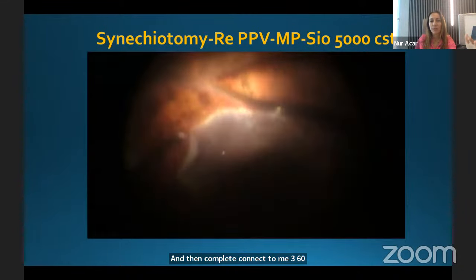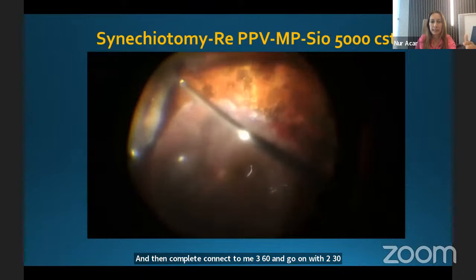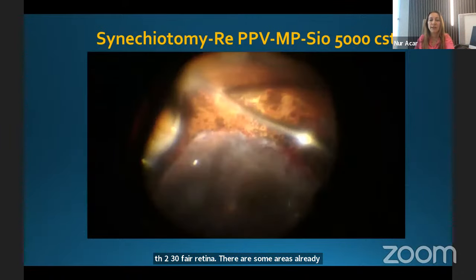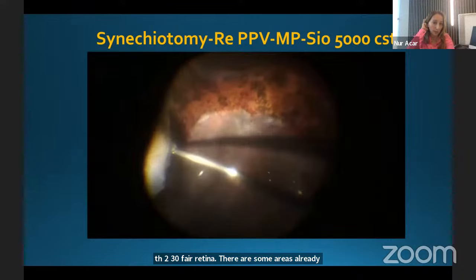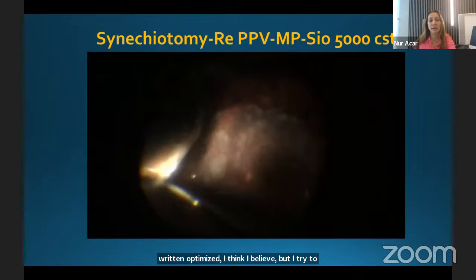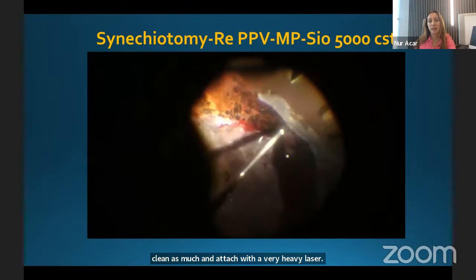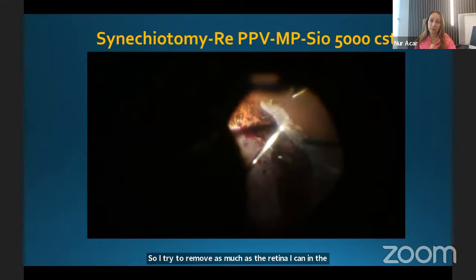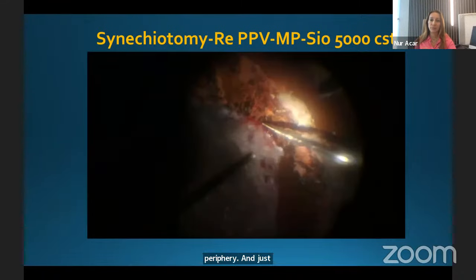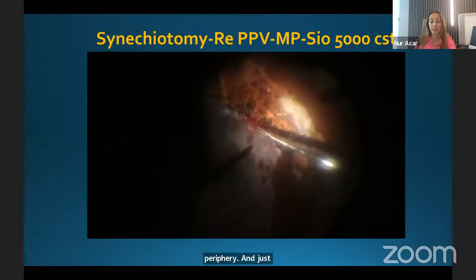There were some areas already retinectomized, I believe, but I tried to clean as much as I could and attach with a very heavy laser. I try to remove as much of the retina as I can in the periphery, just to leave a large gap between the retinectomy sites and the other areas, and also remove any residual hemorrhage.